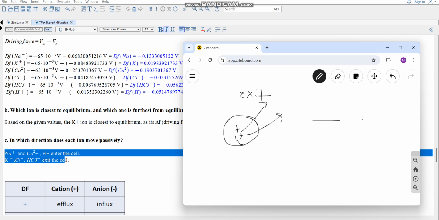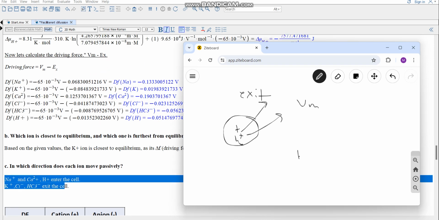Right? And you can look at that because you can look at the relation between Vm and Ex.